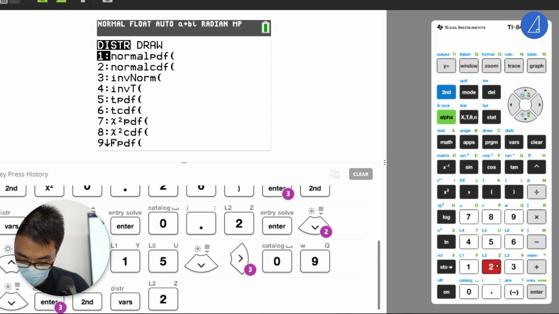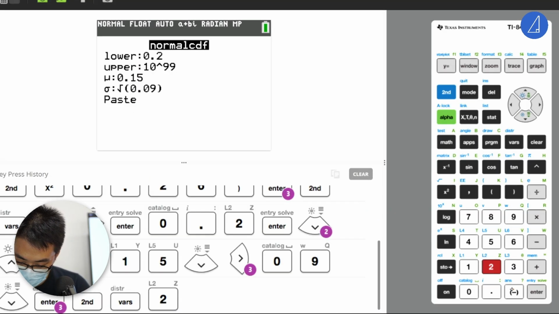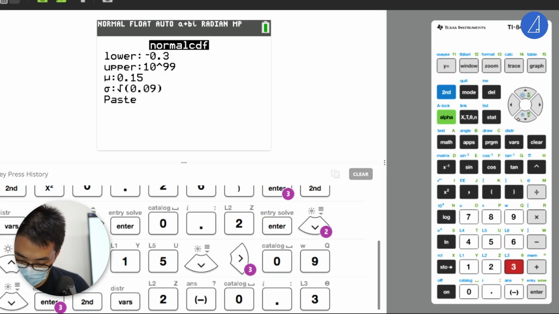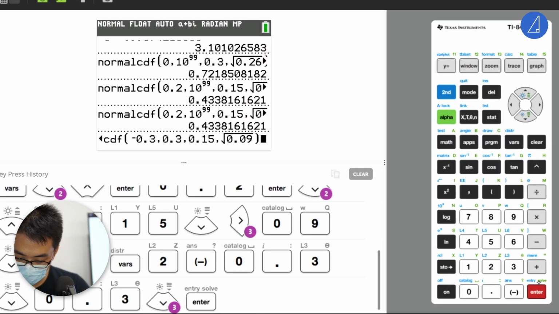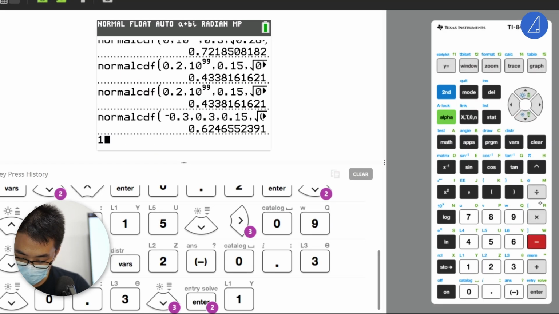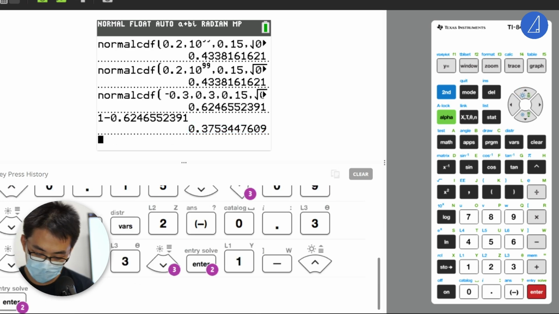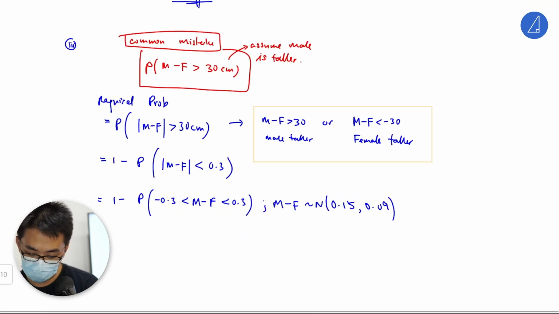Normal CDF, 0.3, 0.3. There we go. 0.7534.